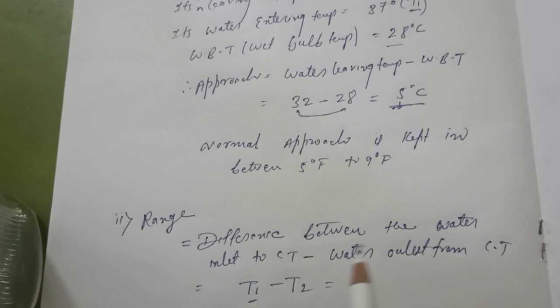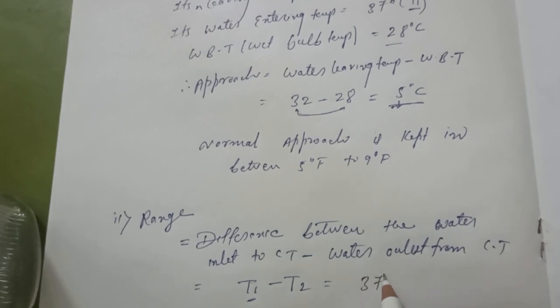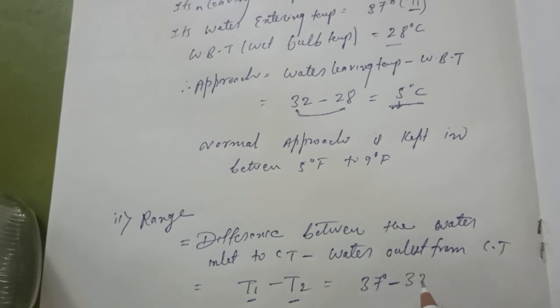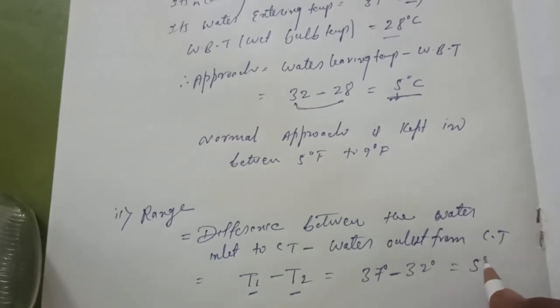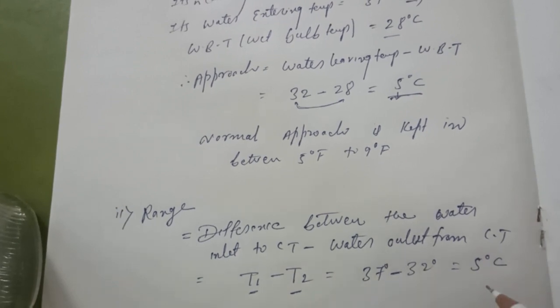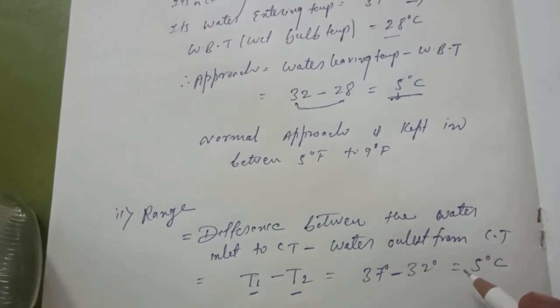T1 is 37 degrees Celsius and T2 is 32 degrees Celsius. So the difference will be 5 degrees Celsius. So this is the range of a cooling tower.